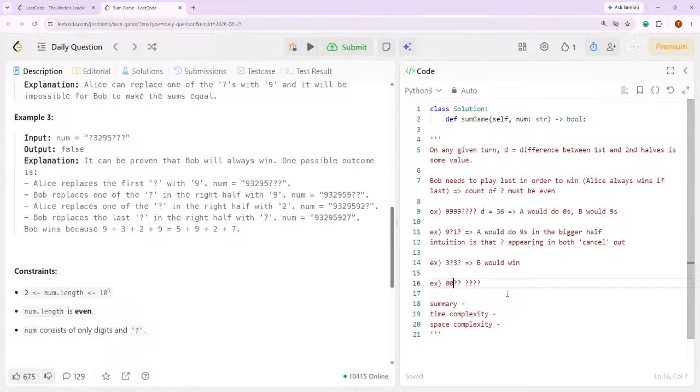Okay, let's say this one. This one I know Alice wins. First half is going to be at least 27. Second half is at most 18.